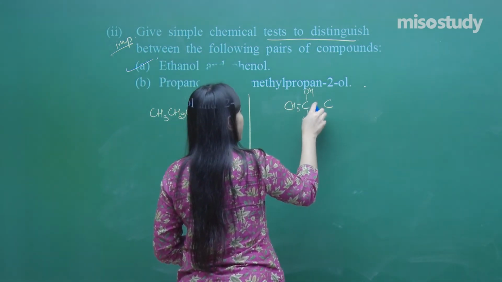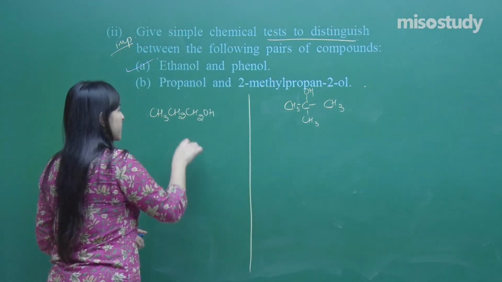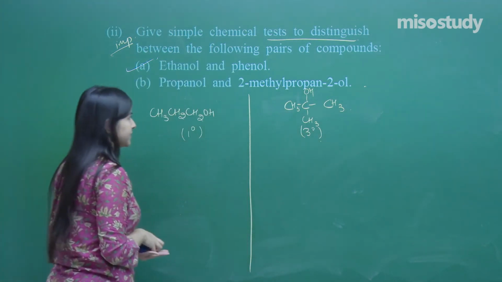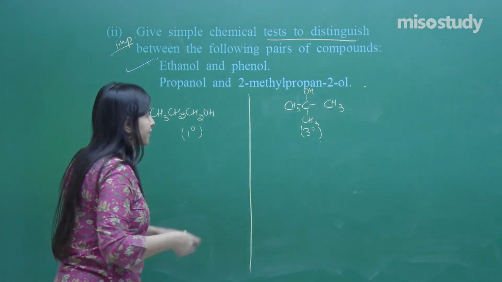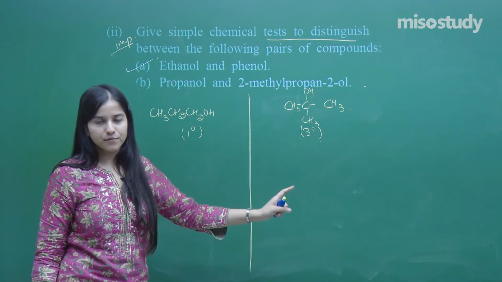So that is a tertiary butyl alcohol in fact, fine. So one is primary, one is tertiary. None of them, first of all, let me just make it clear, none of them will give the iodoform.